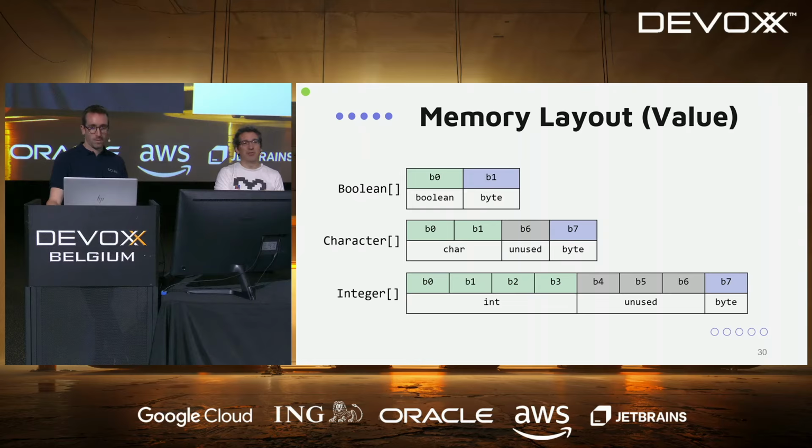We don't want this kind of thing, which means that from the CPU point of view, if you want to read a value instance, you have only one possible read. That's why we have this big unused space right in the middle. Because on the CPU, if you want to read something on the heap, it's either 8 bits, 16 bits, 32 bits or 64 bits. You cannot read 24 bits.